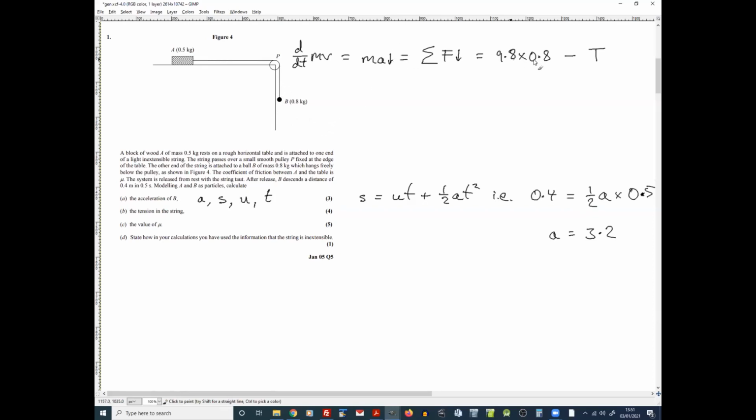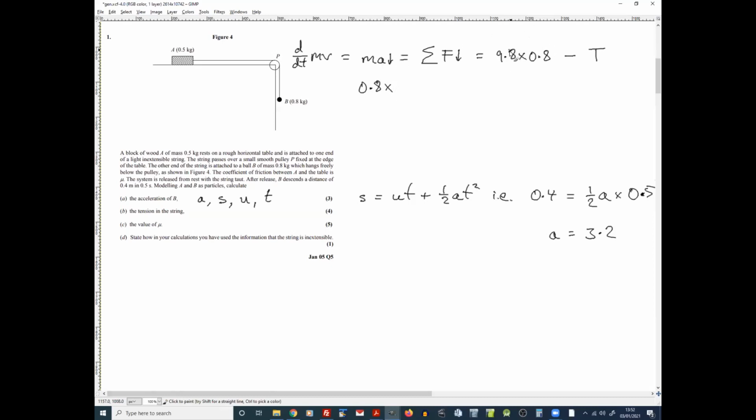So MA equals that minus tension. But we know MA, don't we? That's 0.8 times 9.8. No? The actual acceleration is what we want here. We talk about the acceleration due to gravity as though it were accelerating.